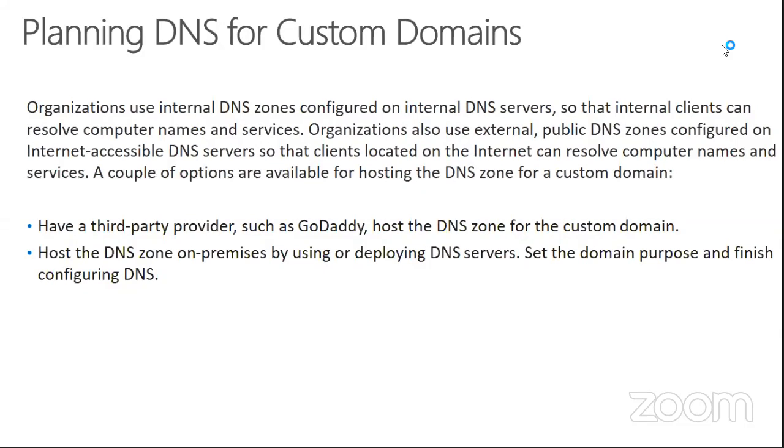By being able to edit records within their DNS zone, organizations prove that they own the DNS zone, so that the Office 365 setup wizard can create the tenant with the organization's custom domain and ensure that the entire name resolution is happening via the DNS server that the enterprise uses. Organizations use internal DNS zones configured on internal DNS servers so that the internal clients can resolve those computer names and any of the services that they are using on cloud.